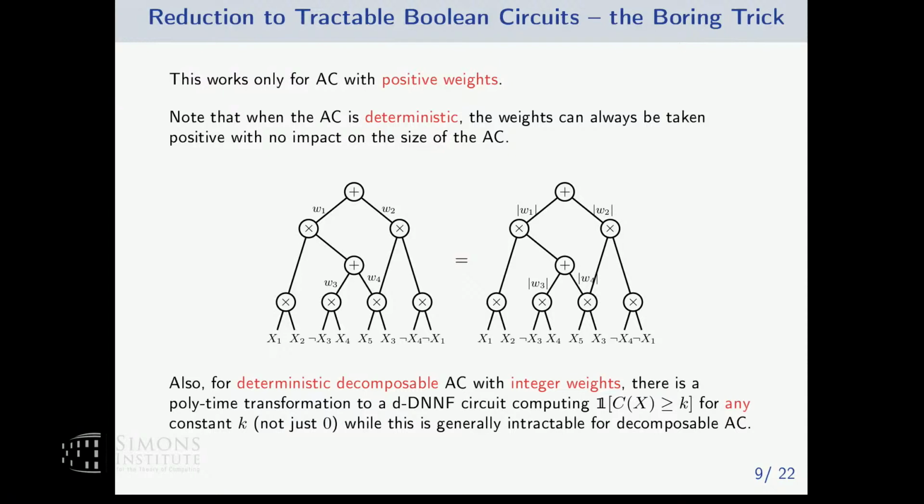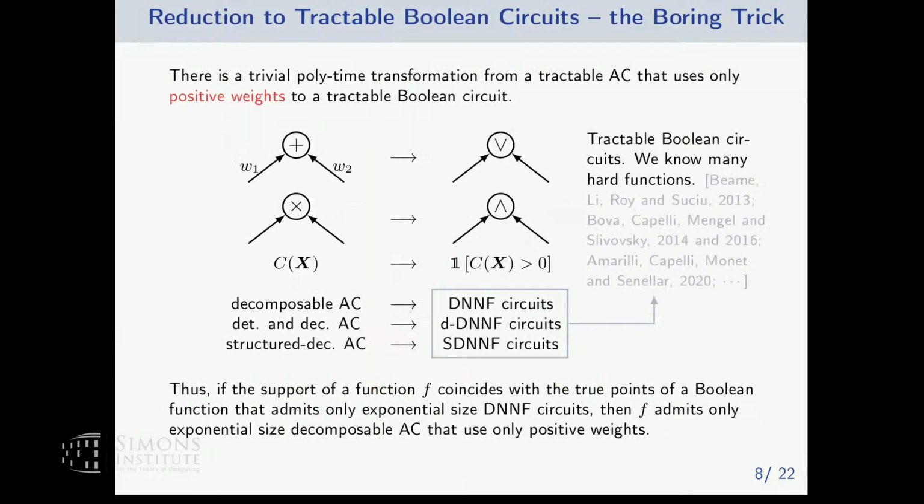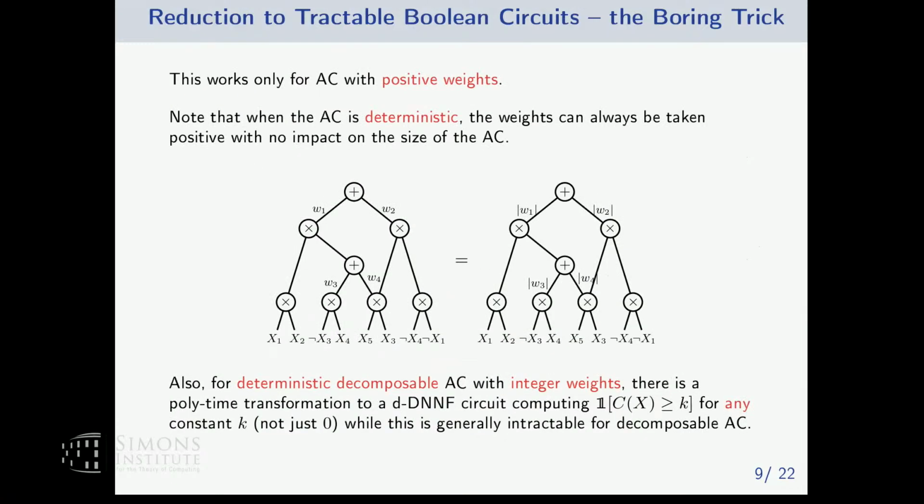In addition, you can also use determinism if you have both determinism, decomposability, and integer weights. Then not only can you compute Boolean circuits for this function, but you can also compute Boolean circuits for this function. For any constant k, you can compute a lot more tractable Boolean circuits in polynomial time.